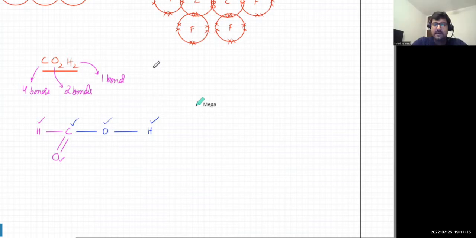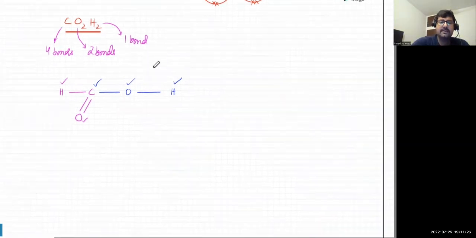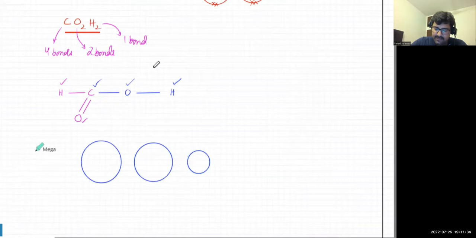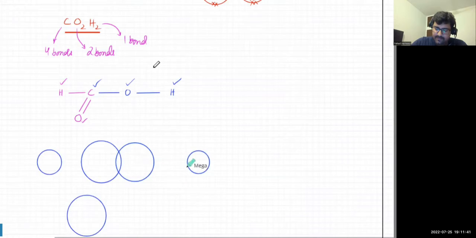And so now drawing the dot and cross diagram would be easy. Okay, you've got a carbon, and next to it there's oxygen, there's hydrogen, there's another hydrogen on this side, there's another oxygen on this side, right? So just put them together. You know the order, you know who makes how many bonds.